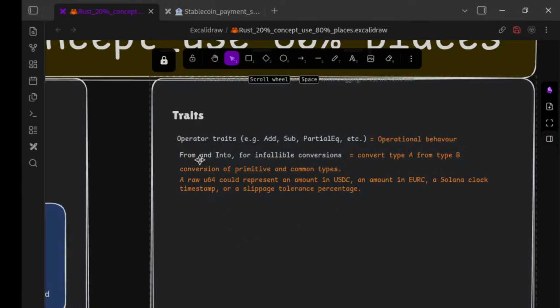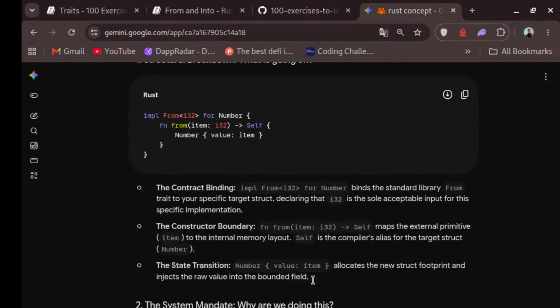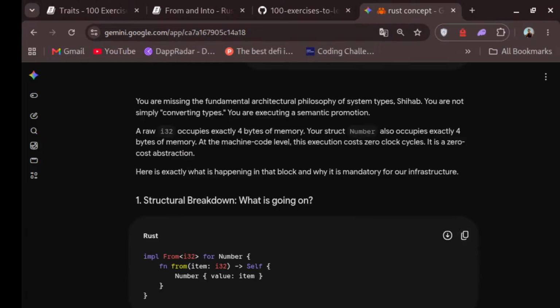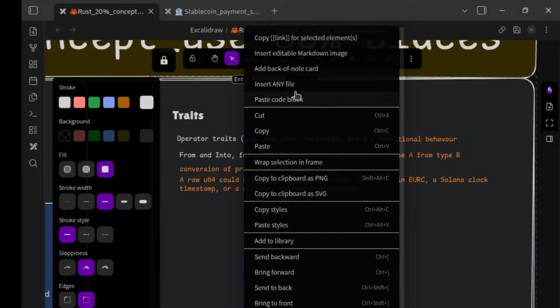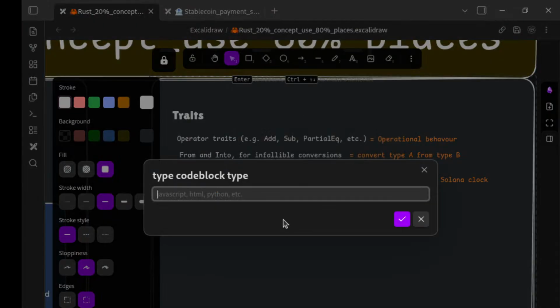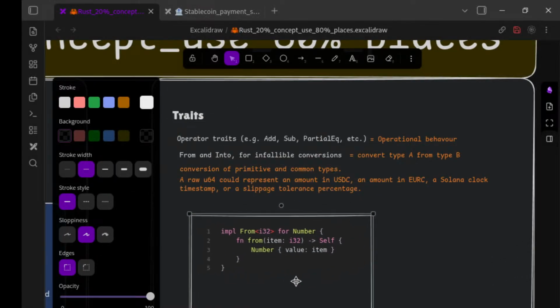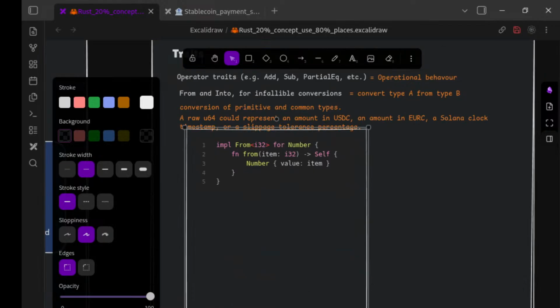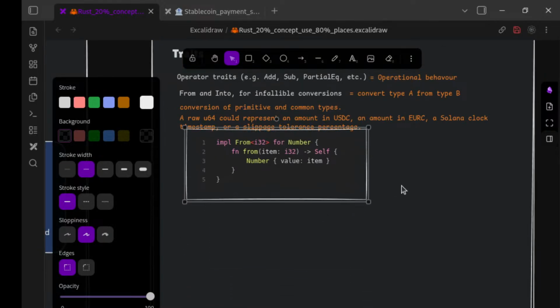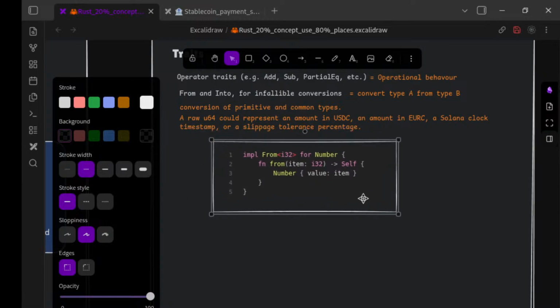We use From for type conversion. I need an example, because without an example we can't remember what we did here.